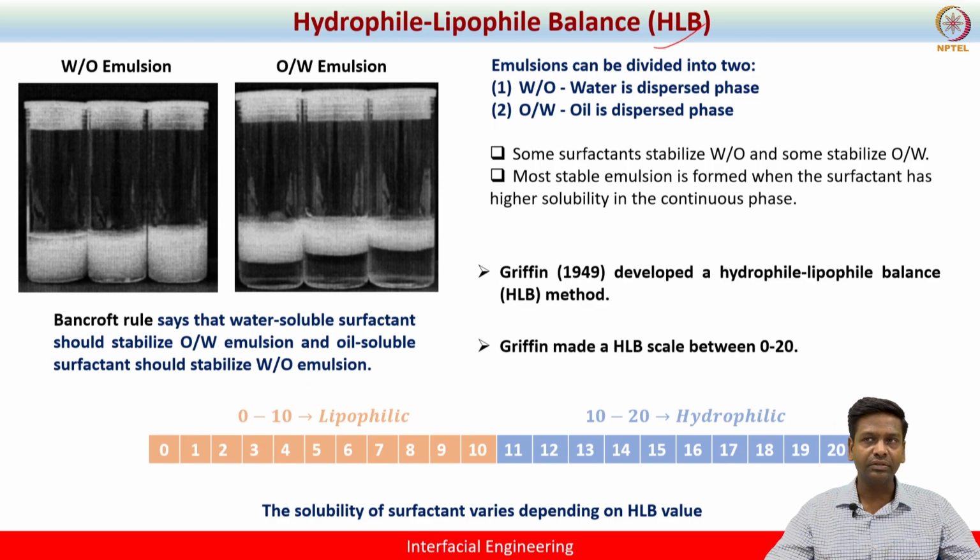They would try to maximize their exposure with the oil, because they would like to maximize their contact with the oil phase. So you can expect that they will stabilize water in oil emulsion.